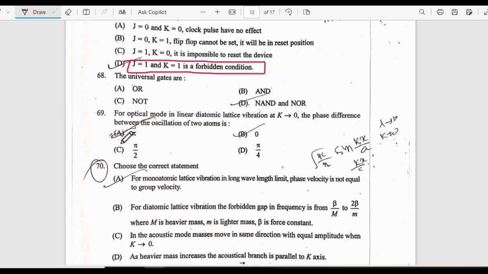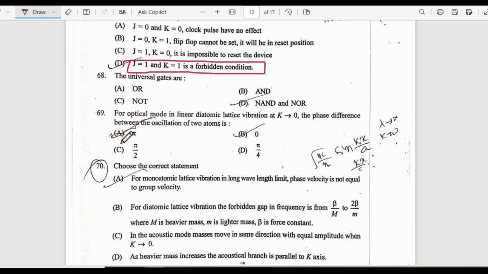Let's suppose the first atom has mass m1 and the second atom has mass m2, and the mass m1 is smaller than m2, meaning m2 is heavier than m1. We have to find whether these two atoms are moving towards each other or away from each other. In these two conditions, the phase is pi. They are out of phase.